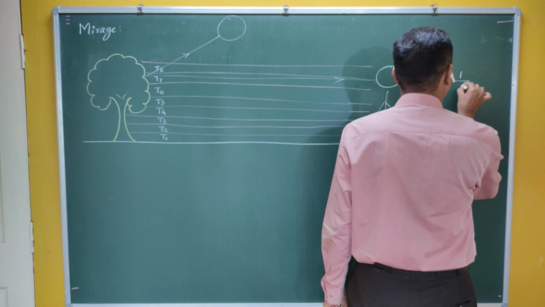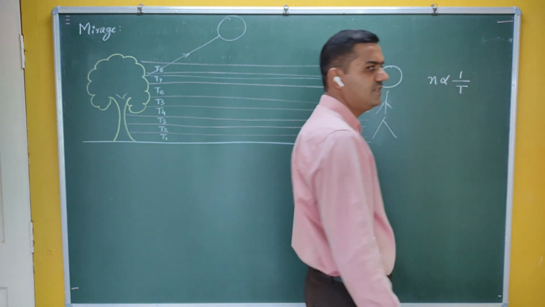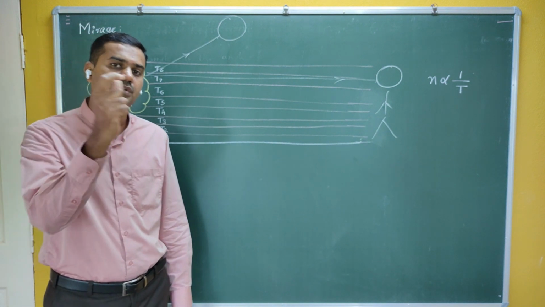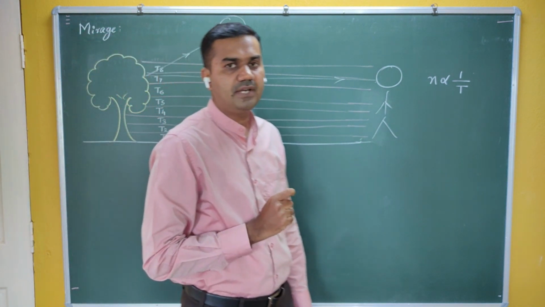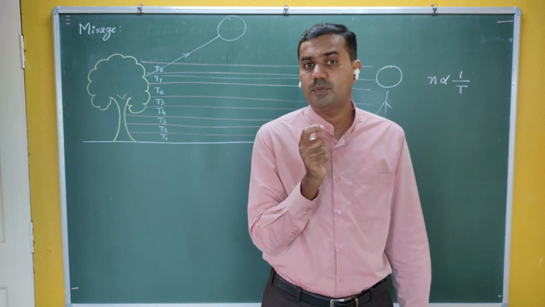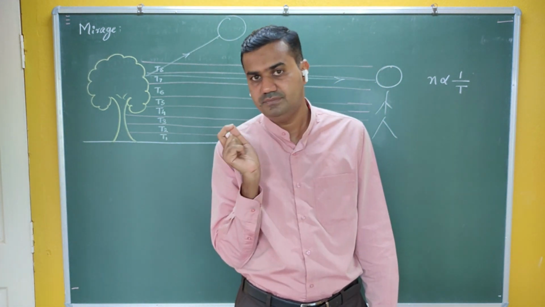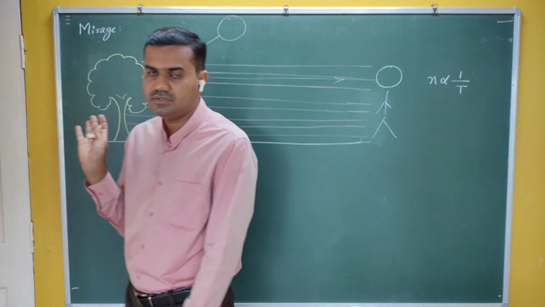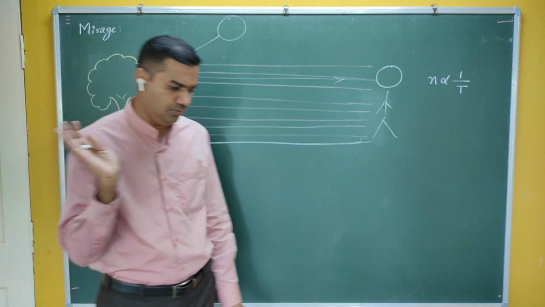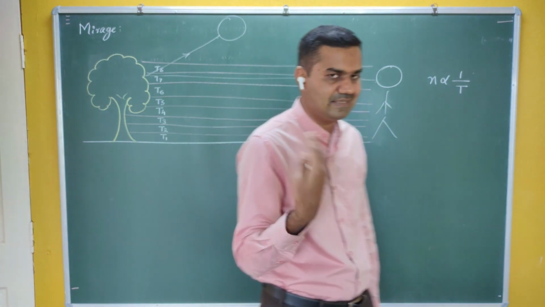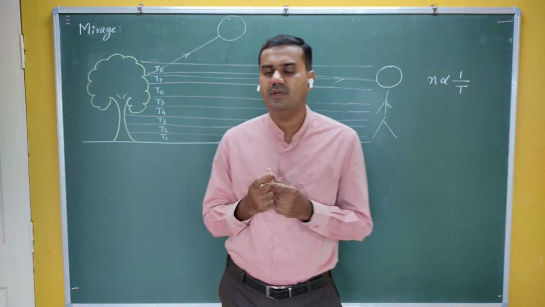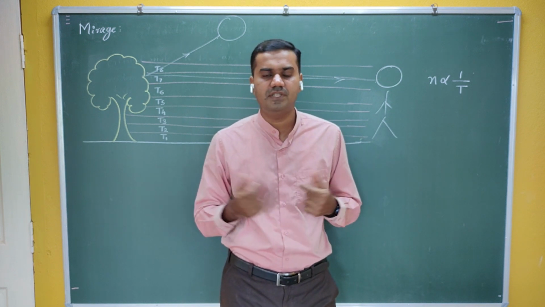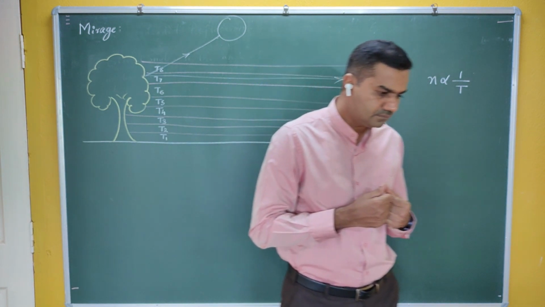So what is the relation? Refractive index is inversely proportional to the temperature. You have a fine relation, Cauchy's relation, which you are going to study in higher classes. But I can give an example to convince you how refractive index and temperature are related.